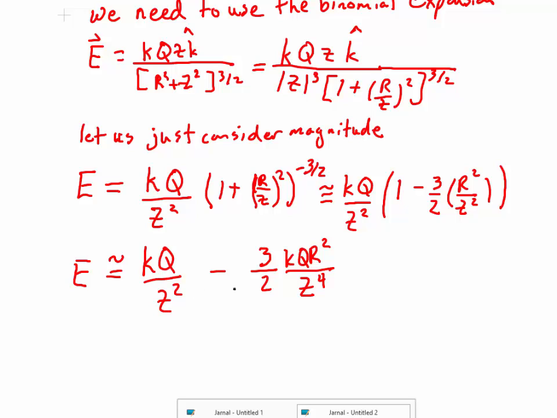If you want a little better approximation, it's slightly less than a point charge. They're not quite all aligned up. It has this much, and that correction goes as 1 over z to the 4th. Again, here's this r squared, which I said is very small, so this term is going to be very small. So it almost looks like a point charge.